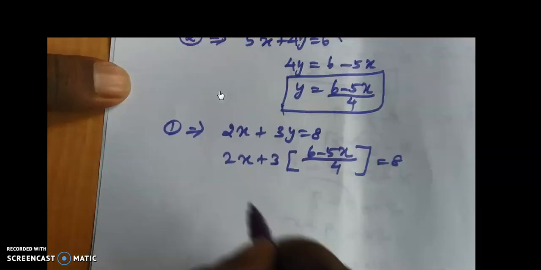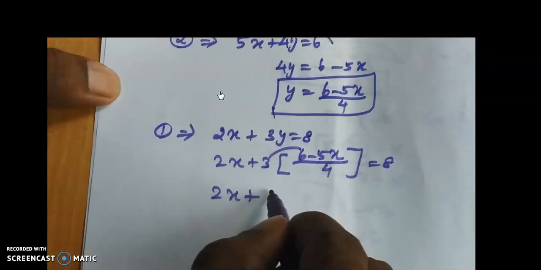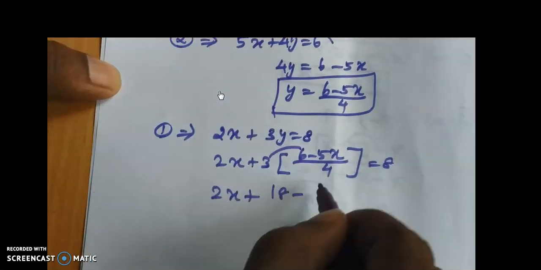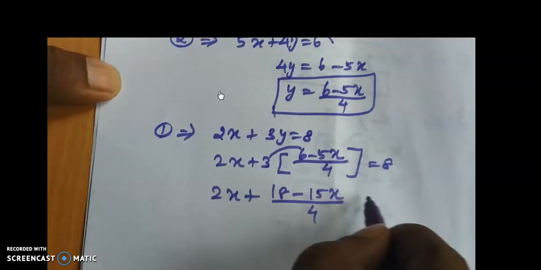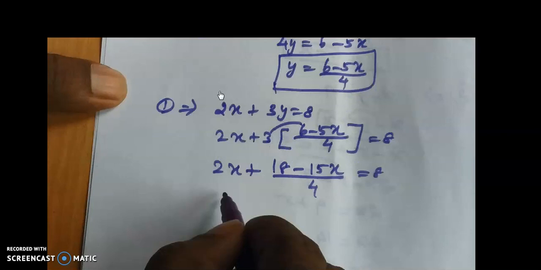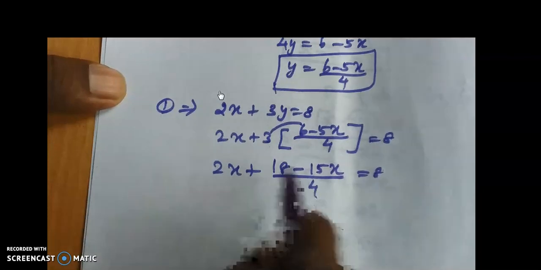Right? So 2x plus, now multiply 3 inside the bracket. So 6 3s are 18 minus 3 5s are 15x divided by 4 equal to 8. So now here the first term 2x is there, the second term is a fraction. So take LCM, or make a cross multiplication.